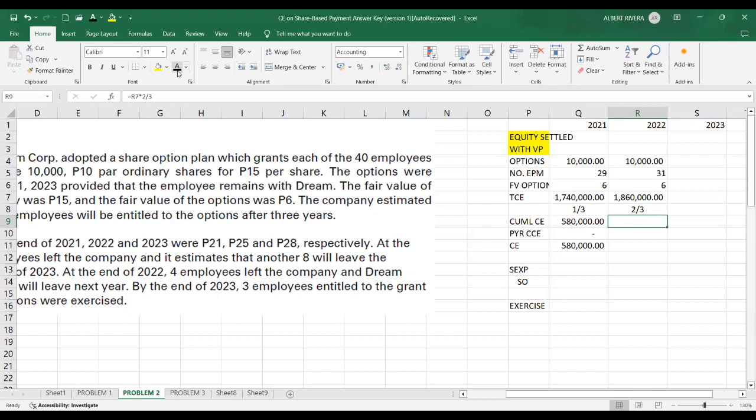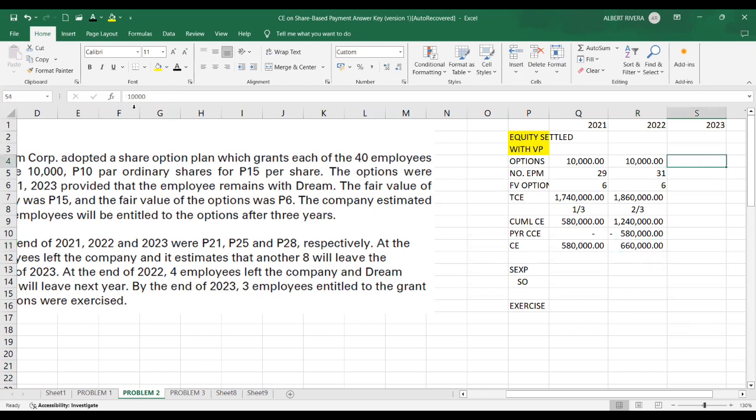And this is now the cumulative compensation expense of 1,240,000 pesos minus the cumulative compensation expense in the prior years, which is 580,000. So the compensation expense for the second year would be 660,000 pesos. And the entry is debit salaries expense and credit share options equivalent to 660,000.